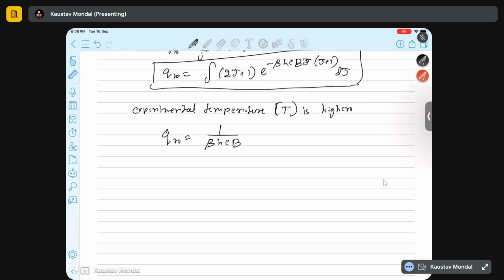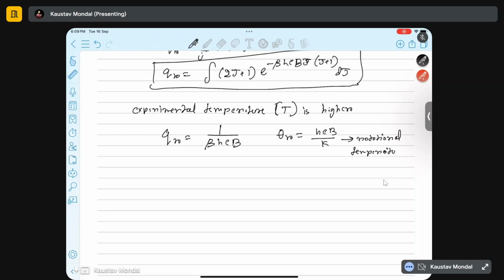Here we have also defined a new quantity which is known as theta r, the rotational temperature. So the rotational temperature is defined as hcB by k.